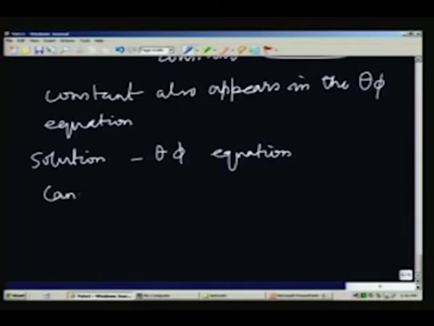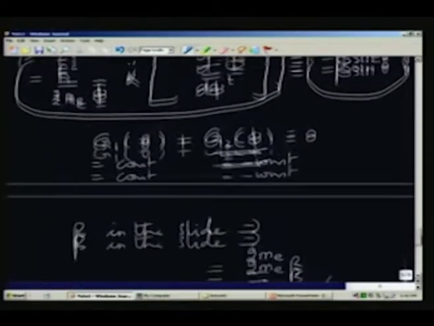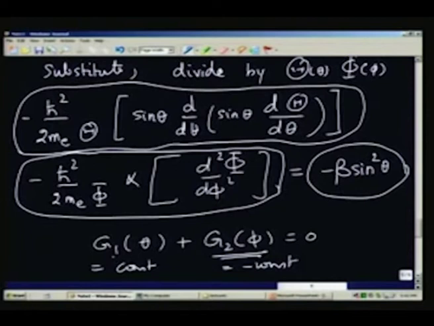You remind yourself of this, it can be obtained analytically. This is the theta part and the phi part, together the sum of this is equal to 0.